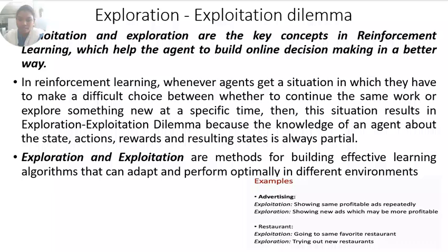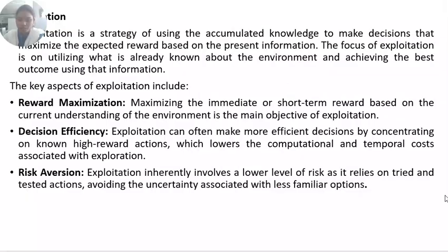In advertising, exploitation means showing the same profitable advertisement repeatedly, and exploration means showing a new advertisement which may be more profitable. In the case of a restaurant, exploitation means going for the same dishes or the same favorite restaurant, and exploration means trying out a new restaurant and new dishes. These are examples of exploration and exploitation.